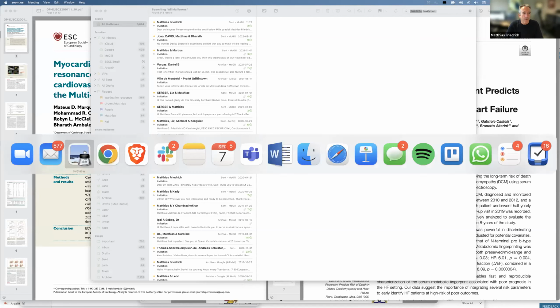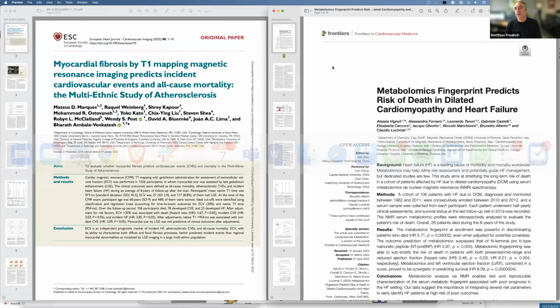Before we stop, I wanted to point to the next journal club, which will take place, of course, at the beginning of October, first Wednesday, and we'll present these two papers. One is from the team from Johns Hopkins, published in European Heart Journal Cardiovascular Imaging, called Myocardial Fibrosis by T1 Mapping MRI Predicts Incident Cardiovascular Events and All-Cause Mortality.